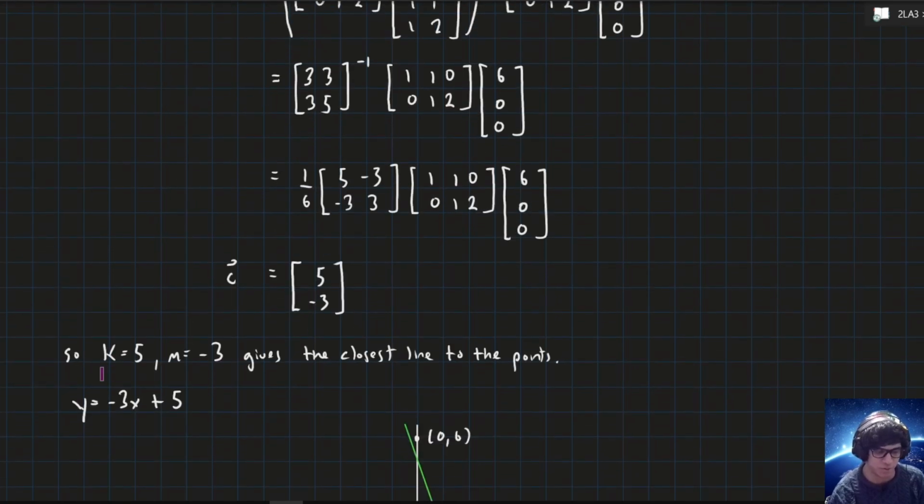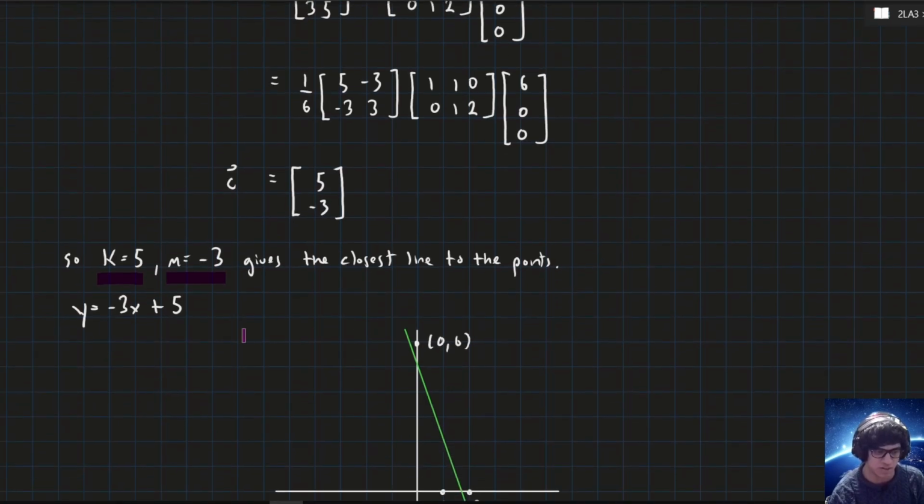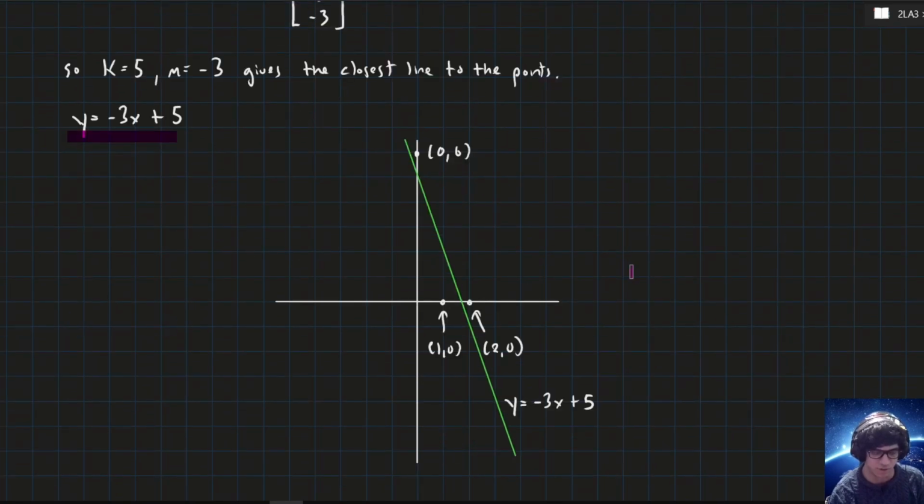K is equal to 5, m is equal to -3. That means our line is this. And if we graph it, it looks like this. So this is the line that is simultaneously closest to all of the points.